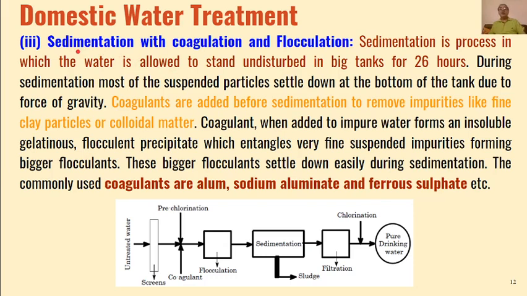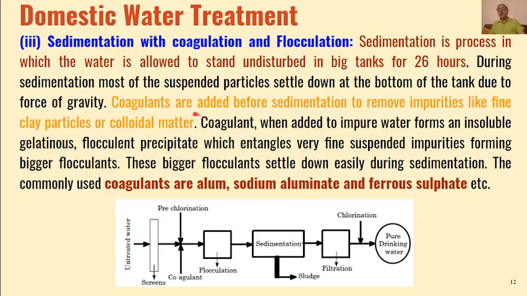Now the most important part is sedimentation with coagulation and flocculation. Sedimentation is the process in which water is allowed to stand undisturbed in big tanks for 2 to 6 hours. During this period, most of the suspended particles will settle down at the bottom of the tank due to gravity, and those will be removed as sludge.